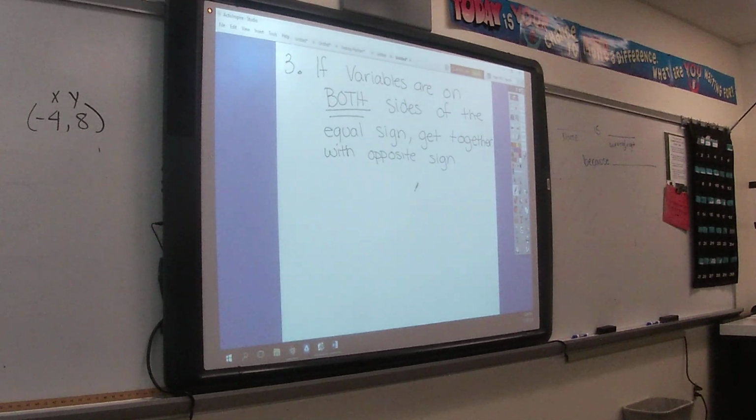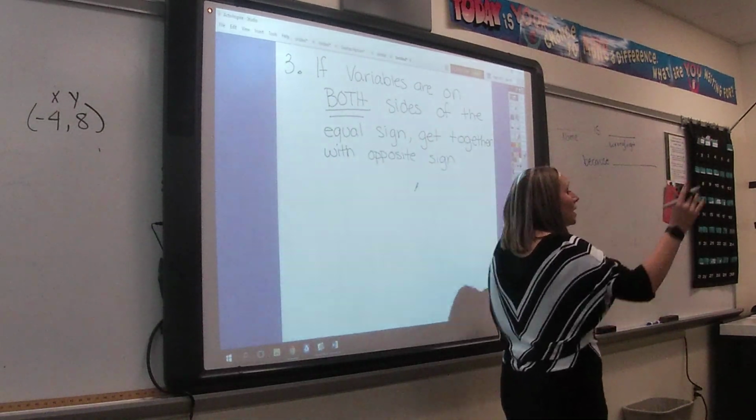So this opens the door for a couple dilemmas that arise. Okay, step 2 says that if there are like terms, we want to combine them, right? Like terms need to be happening on the same side of the equal sign.